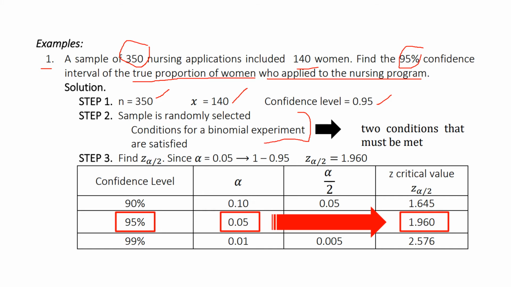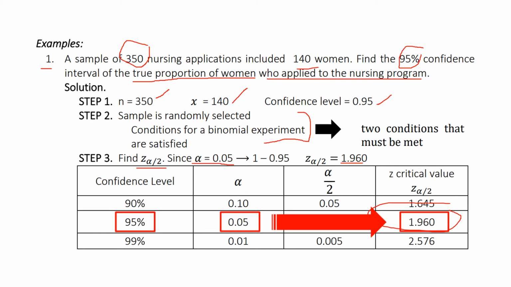Step number 3, your C sub alpha over 2. We're asked to find the value of your C sub alpha over 2. Your alpha is 0.05, from 1 minus 0.95, then your C sub alpha over 2 is equal to 1.96, or your critical C value from this table.